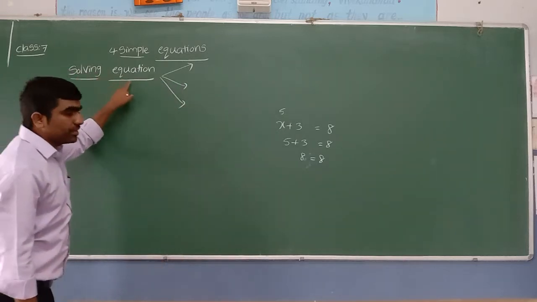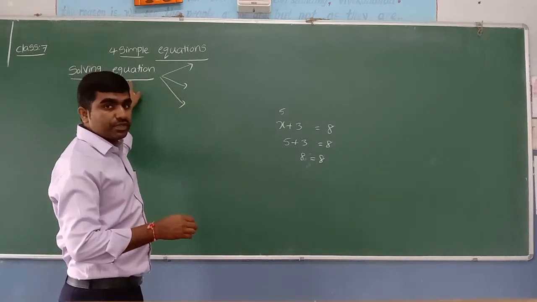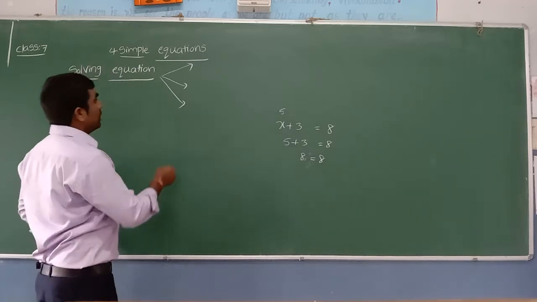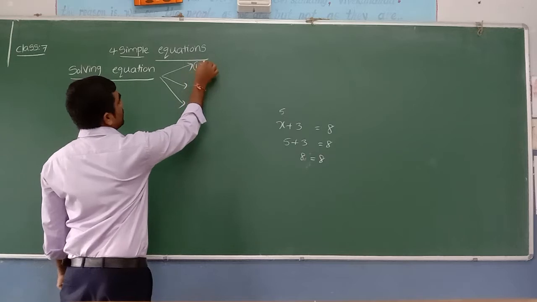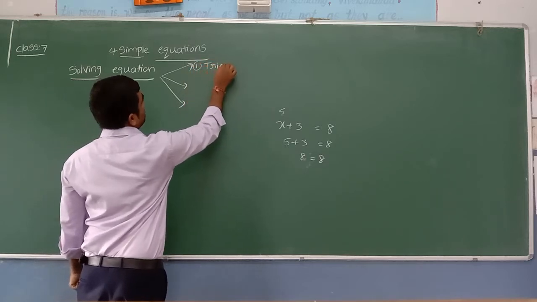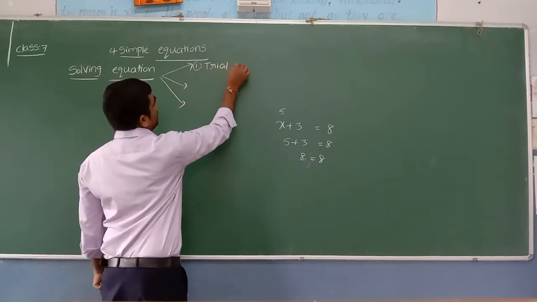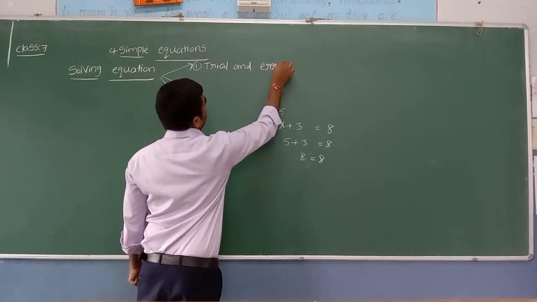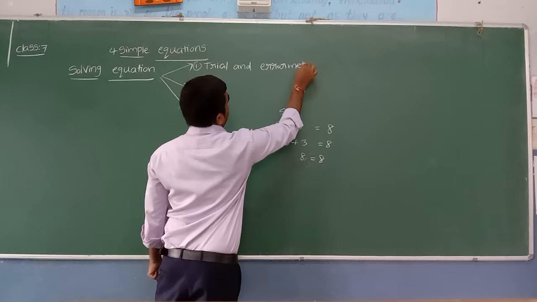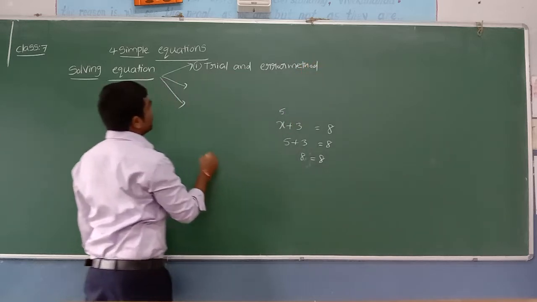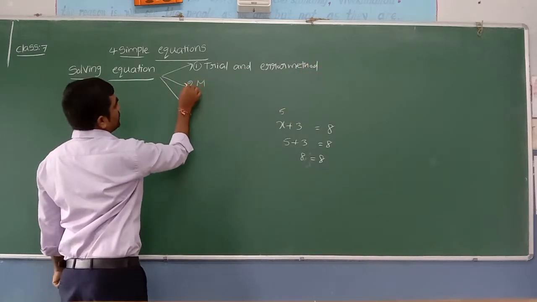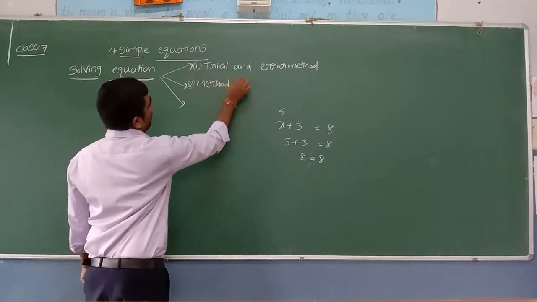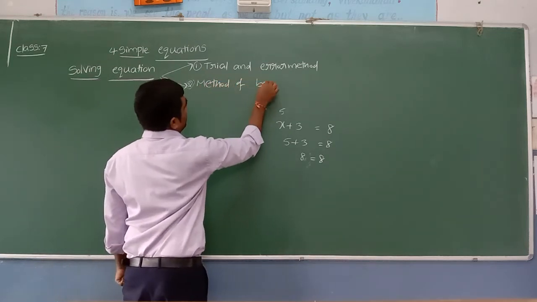So to solve the equation and find the solutions, we have different methods. One of the methods is the trial and error method. The second method is the method of balancing.